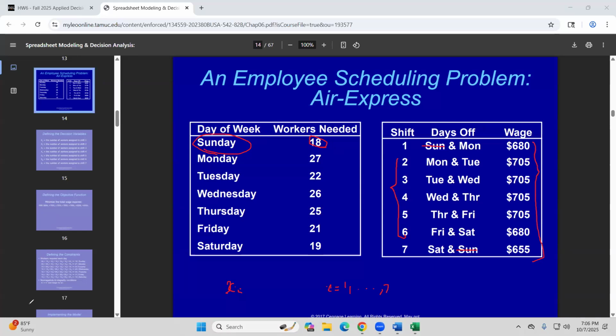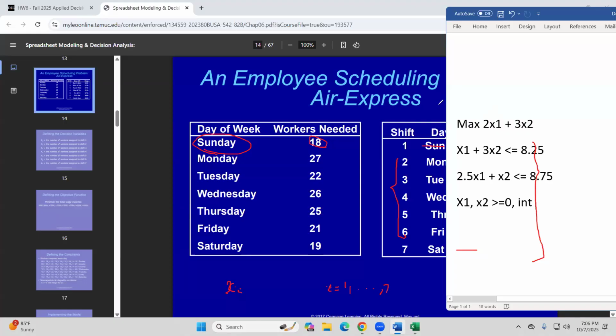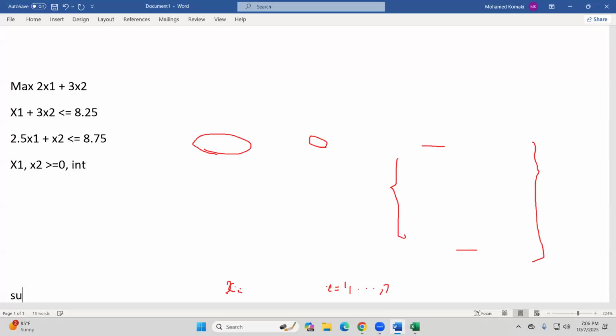Okay, so the objective function is clear, right? So we don't need to write it. Let's just hop into the constraints. For Sunday, we are going to have x2 plus all the way to x6. And here you can put equal to 18, but this might end up with an infeasible solution, right?